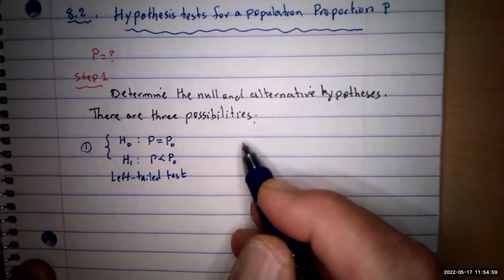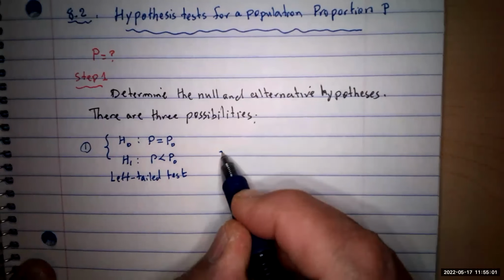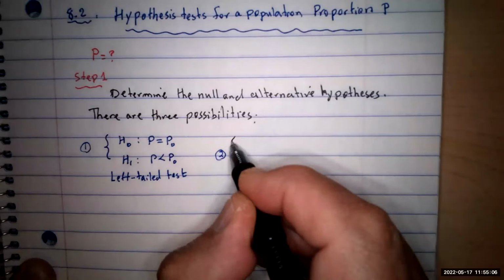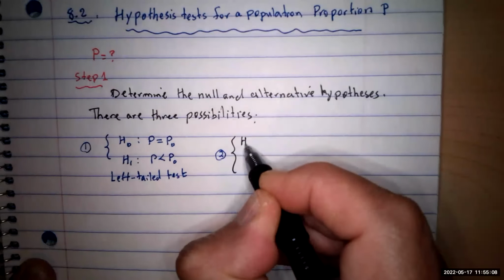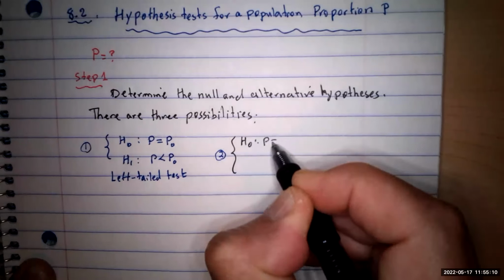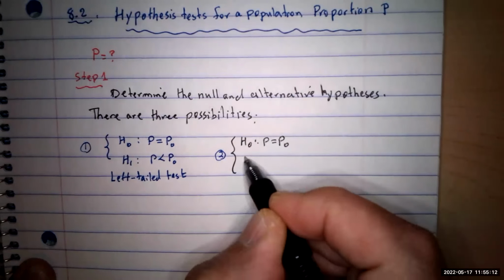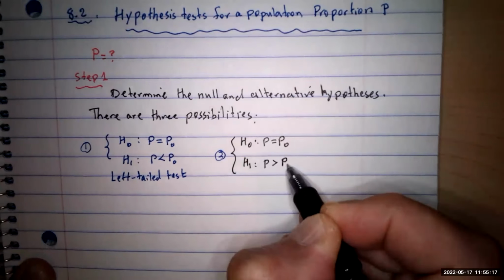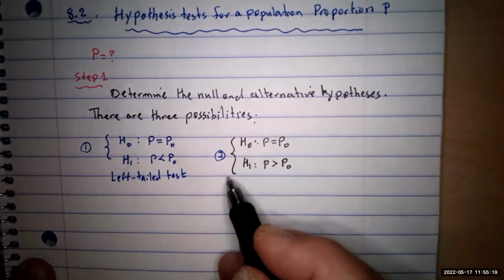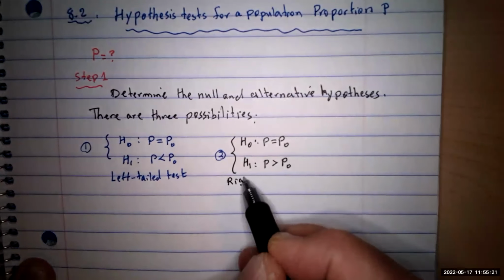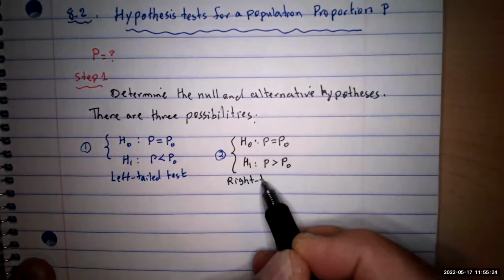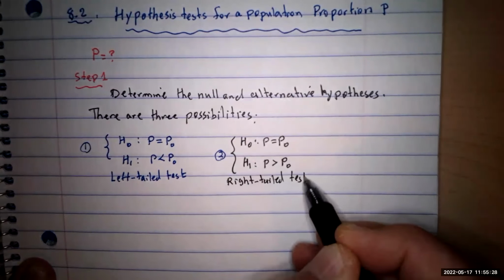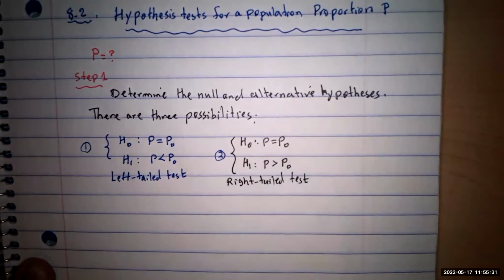Then we have case two, as we did. H naught is P equal to P0, and H1 is that the proportion is greater than P0. As usual, that's a right tail test. That's one, two.